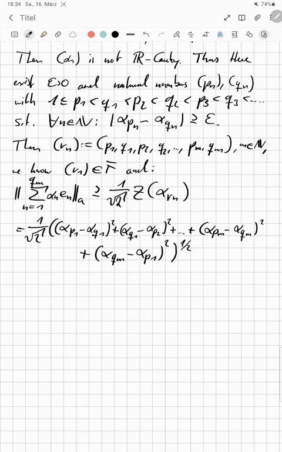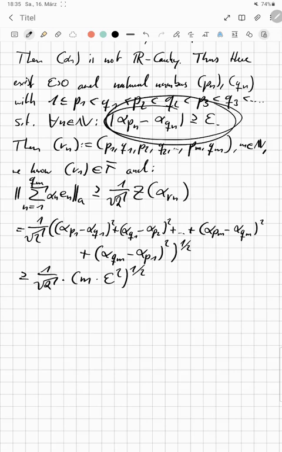And then we can, of course, just drop all these terms where Q1 and P2, or maybe Q7 and P8 get compared. And we get that this is greater or equal to 1 over the square root of 2 times m times epsilon squared, and this in the square root, because of this inequality right here.